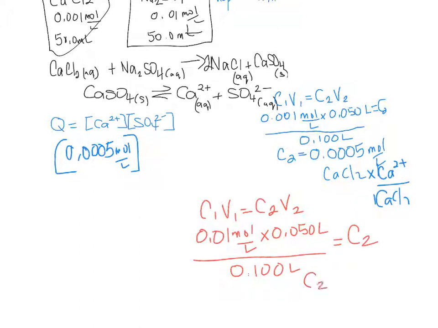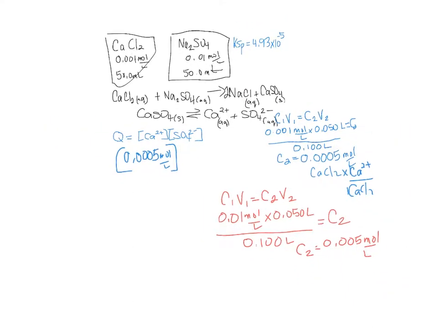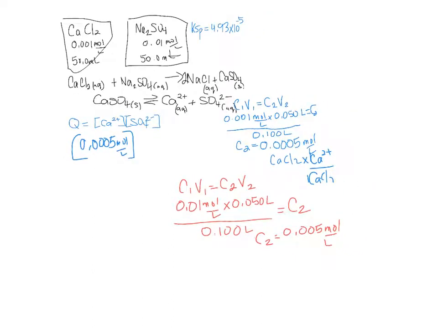So C2 equals, that's sodium sulfate. How many sulfates are in sodium sulfate? 1. So this is the tricky part. If you have an ion where there's 2, you've got to remember to multiply it by 2.